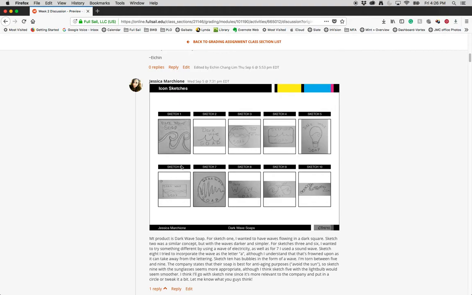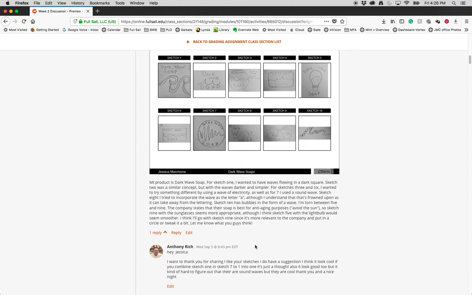Some of the waves are stylized nicely, but I would encourage you to break out from the waves. The light bulb doesn't make sense to me with this product. It's a beauty product, so there's something supposedly beautiful and dark about this. I don't think you've quite captured what that is in any of these logos, so keep working.